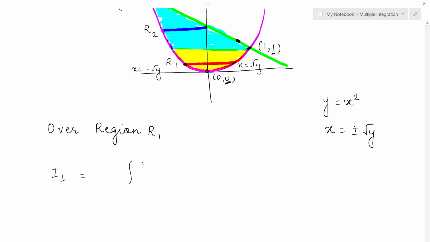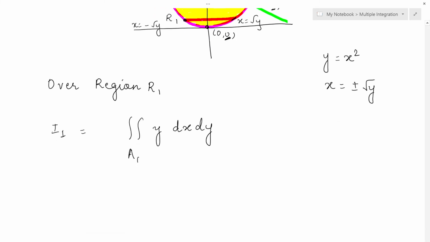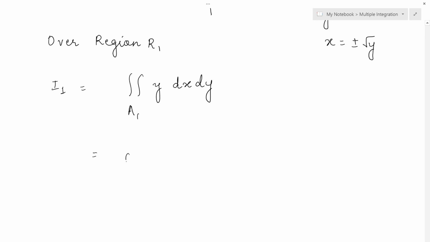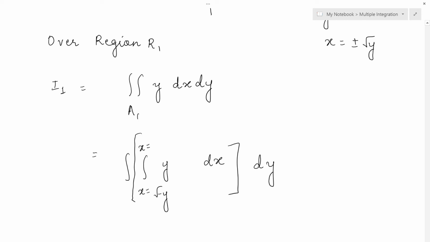So the limits will be, first, since the strip is taken parallel to the x-axis, the limits will be in terms of y and we will integrate with x first, right? So the lower limit will be minus root y, and the upper limit will be plus root y.